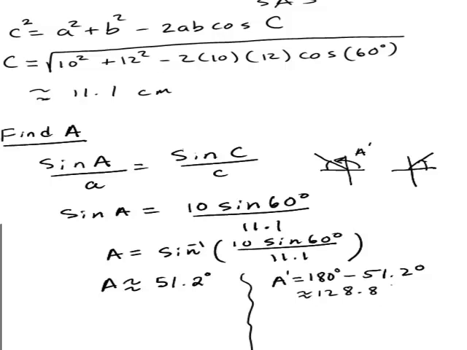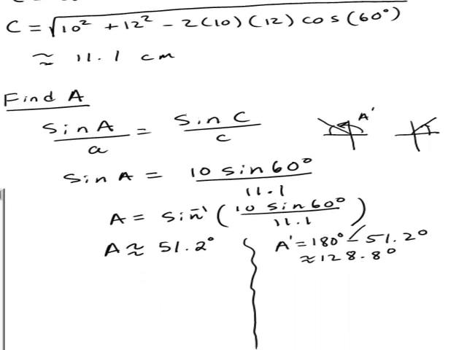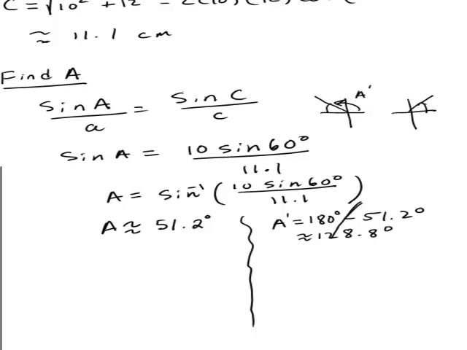Okay, but if any angle is going to be obtuse, it's going to correspond to the largest side, right? So it would be impossible for A to be obtuse because it's not the largest side. So if any angle is going to be obtuse, it's going to be angle B, because B is the largest side. So this A prime, I can actually throw away because there's no way that A can be obtuse.